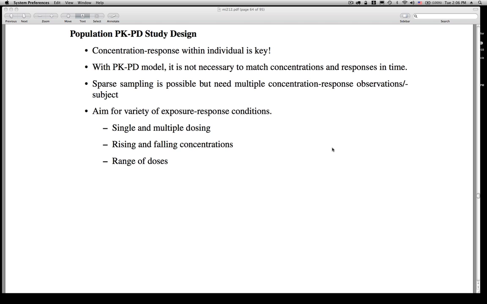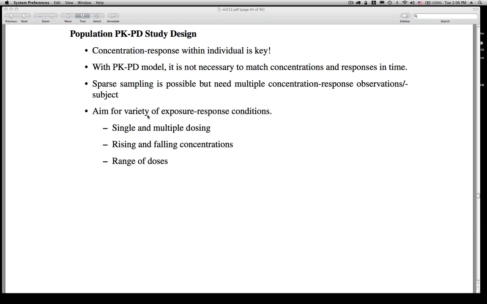Sparse sampling is possible, but you often want to see multiple concentration response observations for each subject so that we can obtain the individual specific parameters for the concentration response. Otherwise, again, you're just relying on the relationship that the population cloud of data contains and hoping to apply that to the individual. That's a big assumption.